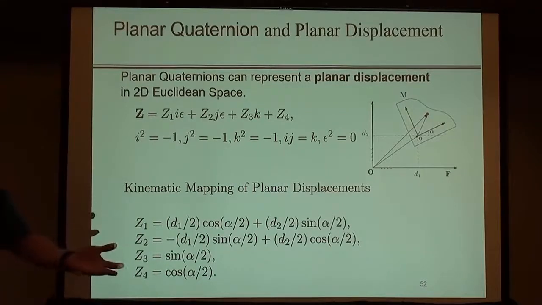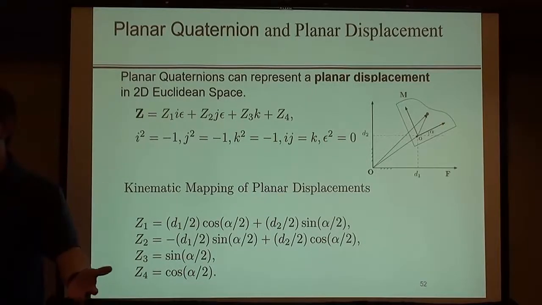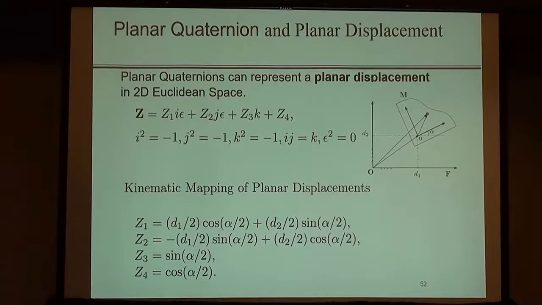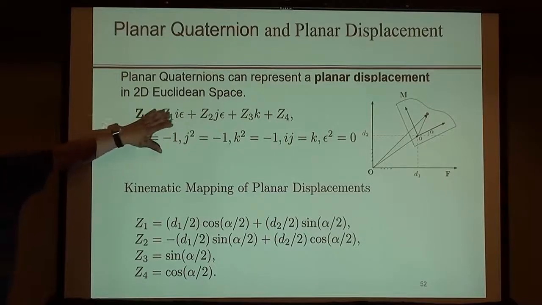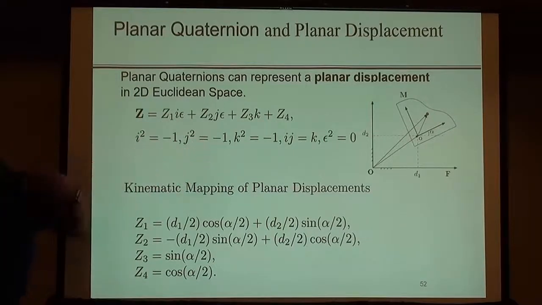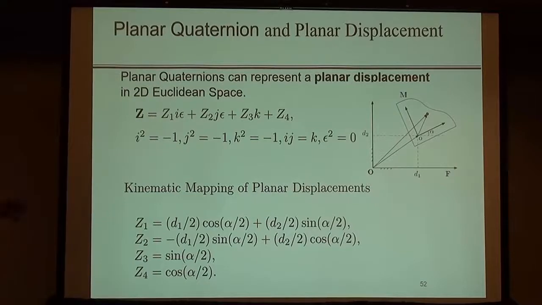Complex numbers, obviously, you can use that too, but it's a combination of complex number and vector algebra, right? So the question is, can you use a version of quaternion to do that? And the answer is yes.